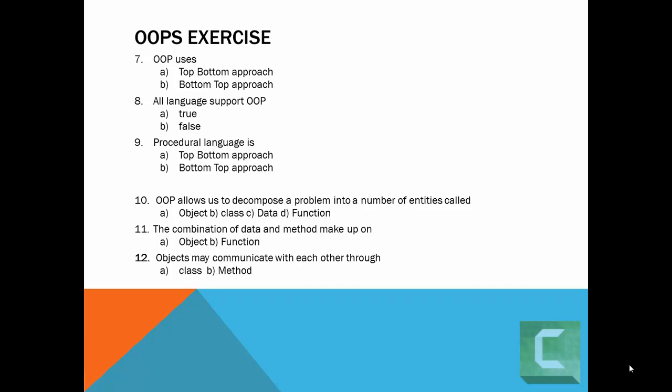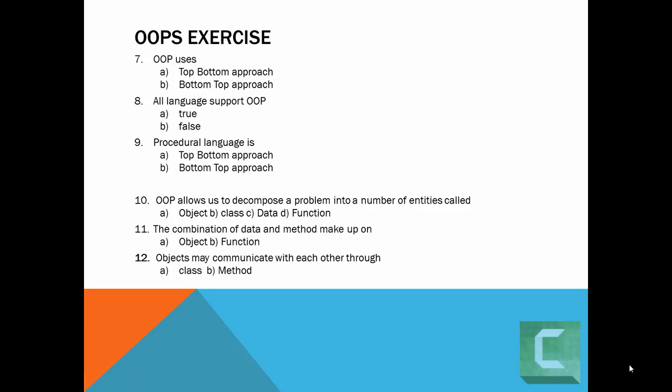OOP allows us to decompose a problem into a number of entities, so answer is object. The combination of data and method make up an object, right? So as an object is a combination of data and methods, the answer is object.